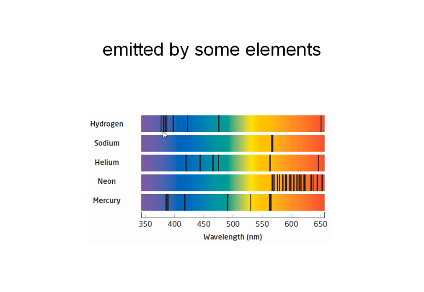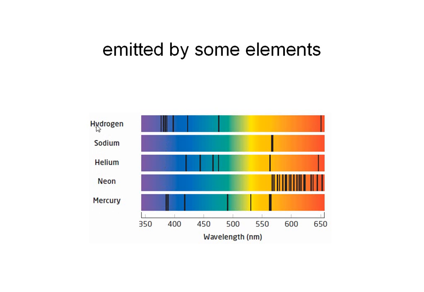There are 4 different wavelengths. 1, 2, 3, 4 UV rays. The wavelength is shorter than 400 nanometers. Nanometer is the unit. Here, this is hydrogen, this is sodium, this is helium, neon, mercury.